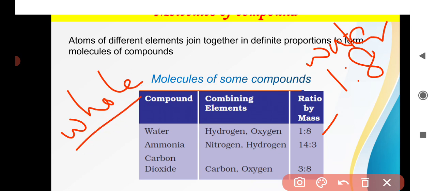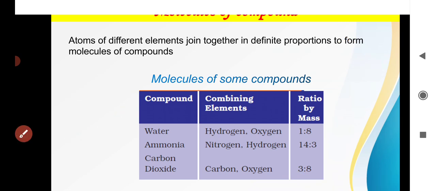For example, in carbon dioxide, CO2, carbon is present in the ratio 3 and oxygen is present in the ratio 8 by mass. So this is the chemical proportion of atoms present in a compound by their masses. Okay, let's move ahead now.